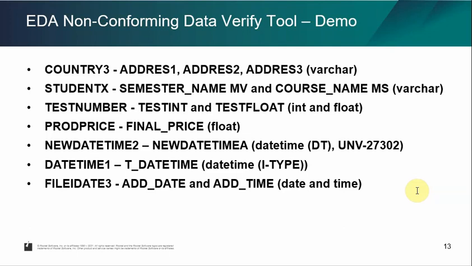The other fields are successfully converted to SQL Server. Another example file I will show you is called file ID 3, which checks date and time only. That is successful. So I will demo each functionality one by one.